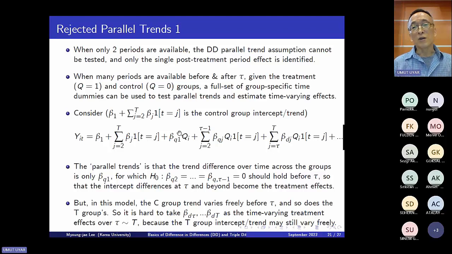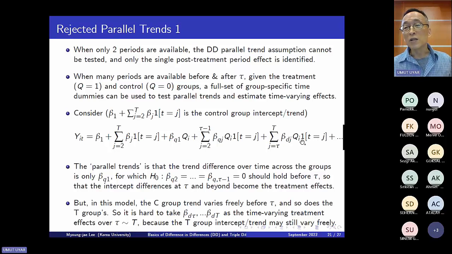And this is the group effect. Here you allow the group effect to change before the treatment timing. So by using 1, 2, 3, 4 terms like this, you are in fact allowing pre-treatment trends across two groups to deviate as much as you like.